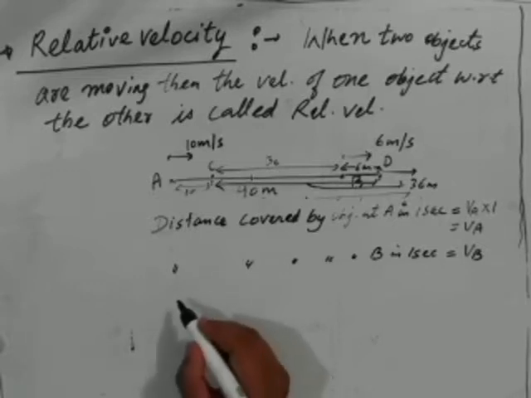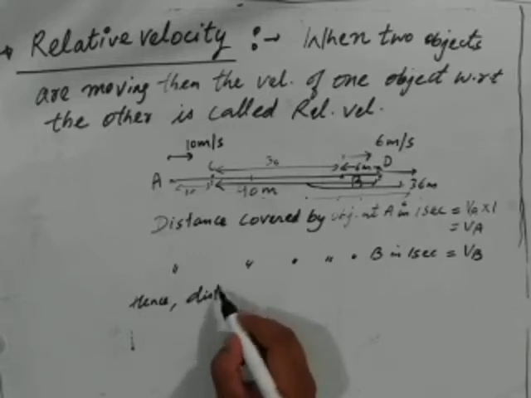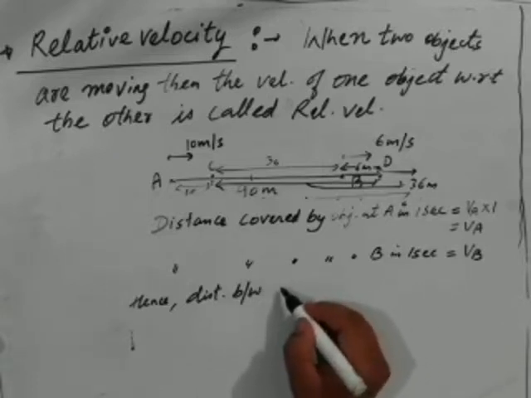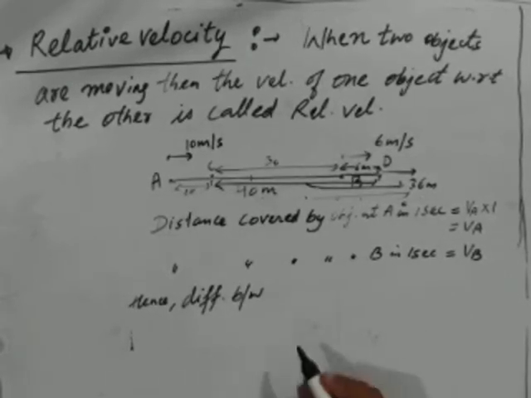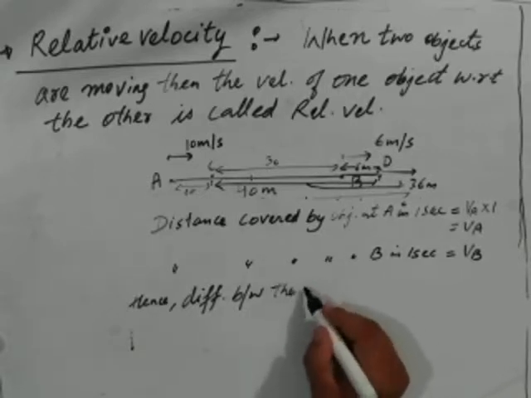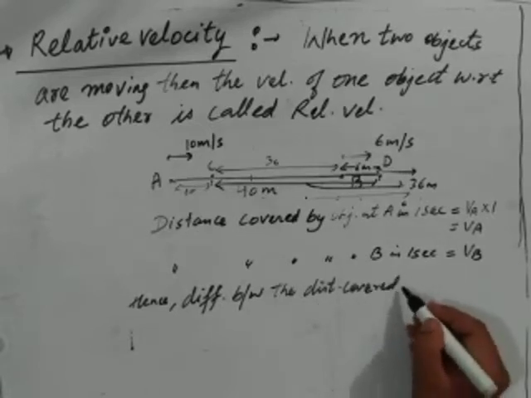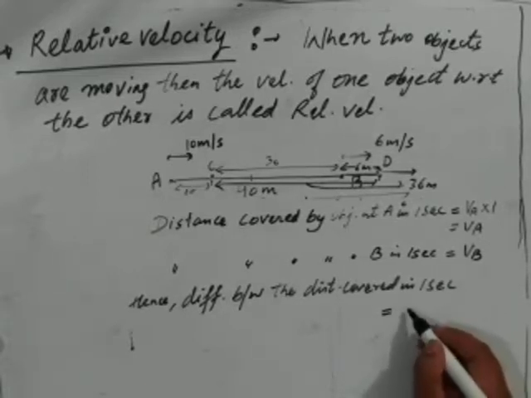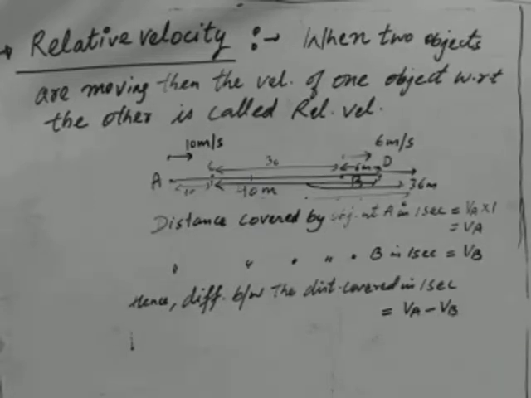Hence, the difference between the distance covered in 1 second is equivalent to VA minus VB, as we have calculated earlier.